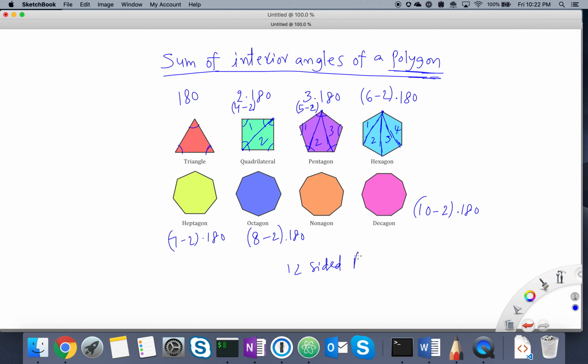Well, you don't need to draw the 12 sides and you don't need to do anything. How many sides? 12 sides. How many triangles? 12 minus 2 triangles. 10 times, and each triangle has 180 degrees. So it's 10 times 180, it's 1800 degrees.